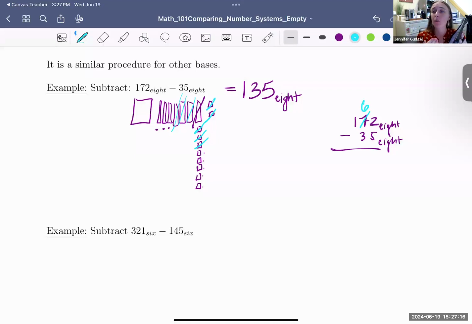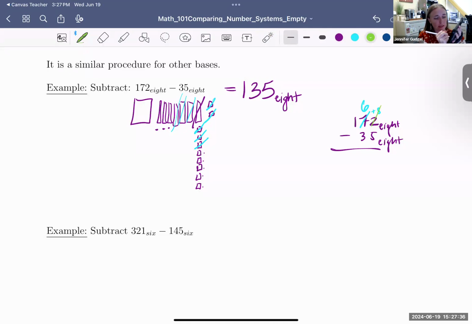But when I borrow one from here, it does not turn into 12 because it's not 10 that I borrowed. We're not in base 10. We take 8 and combine it over here, meaning that there's 10 here because it was 8 borrowed with the 2 that were already there.